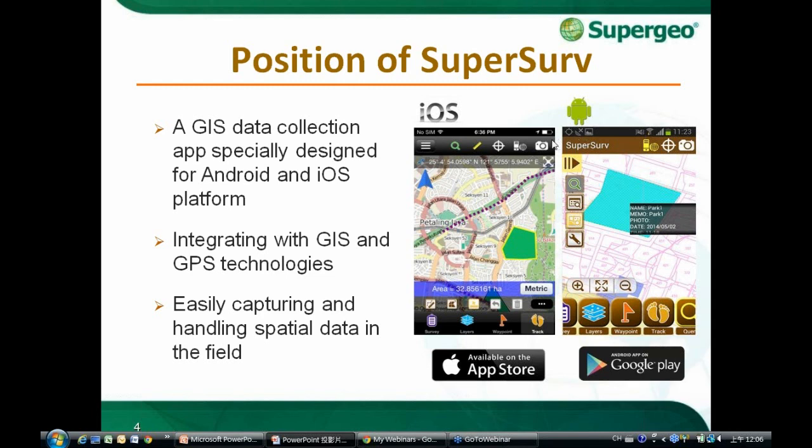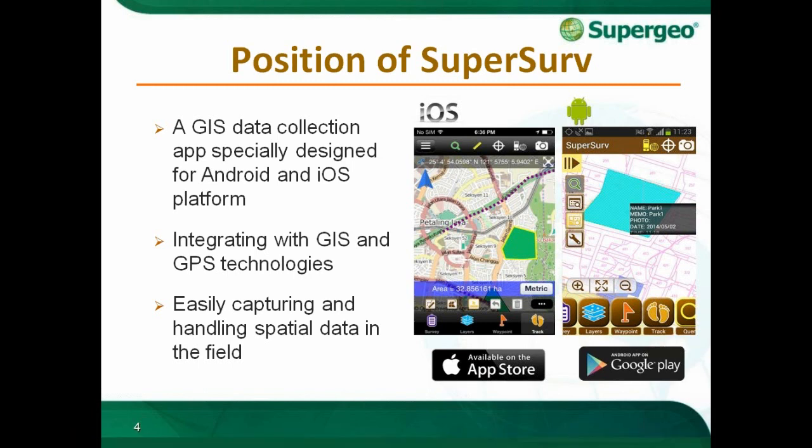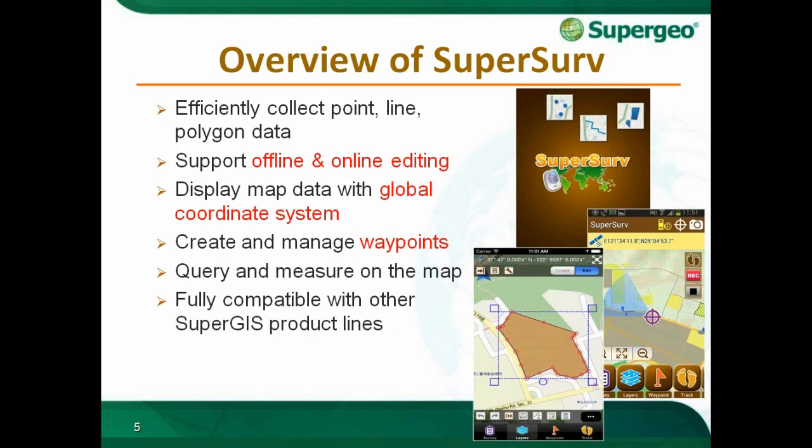Let's look at some more key features of SuperSurv. Here we have two more images of SuperSurv. SuperSurv helps users capture point, line, or polygon data efficiently, which will be introduced later on. The good part is that SuperSurv also supports offline editing.